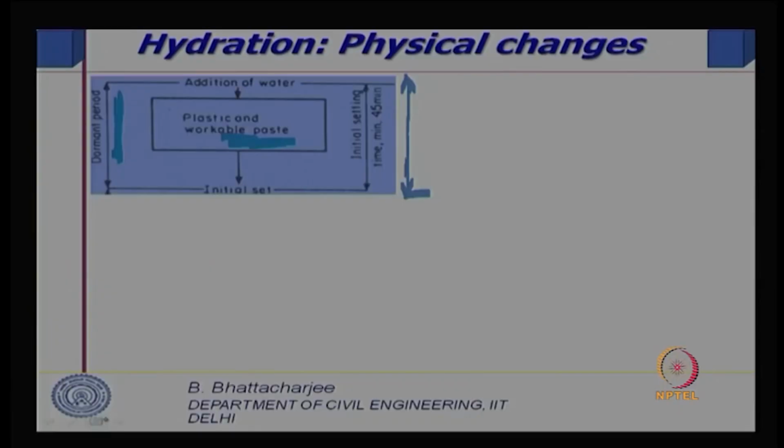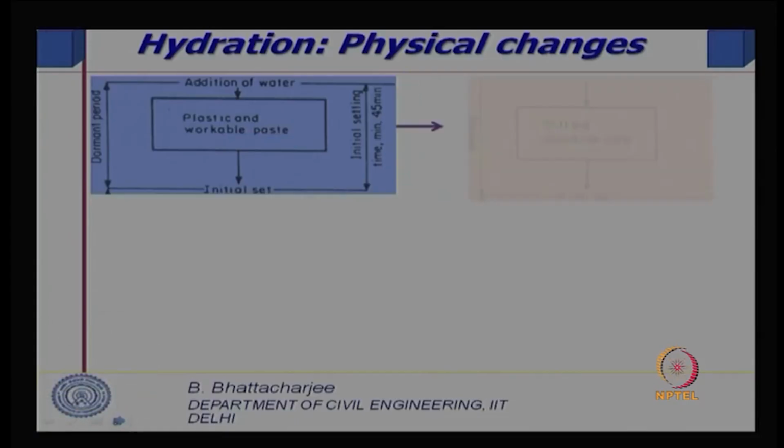It has solidified in such a manner that it is not fully solid, still soft. If you press, possibly you can make a small dent, but it is nearly solid, and if you try to disturb it further, its properties will be affected. So, that is initial set, generally a minimum of half an hour and usually could be 45 minutes or so.